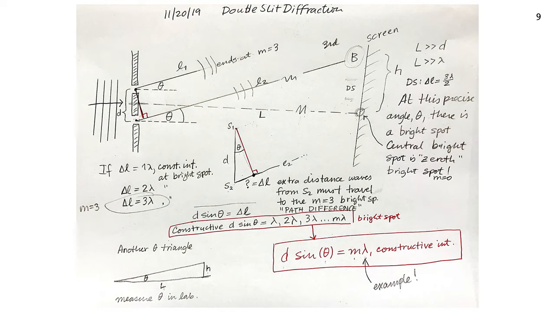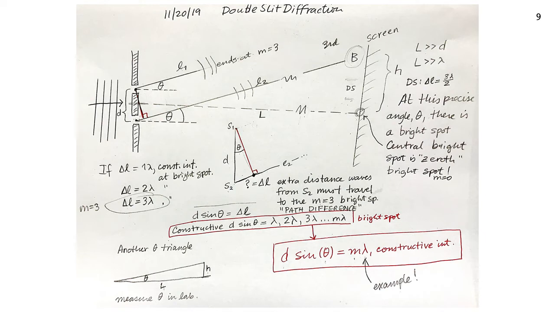So that's your constructive interference condition. That's where you get a bright spot. And similar for lambda over 2, 3 lambda over 2 and so on for your dark spots.